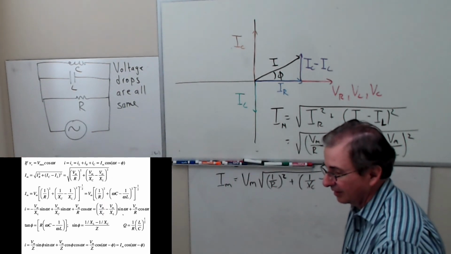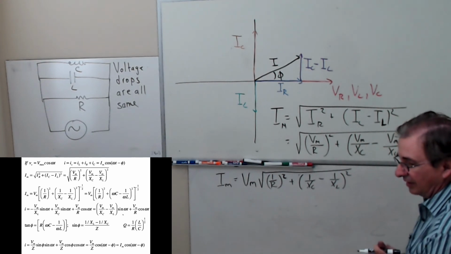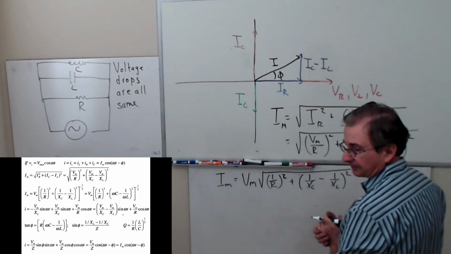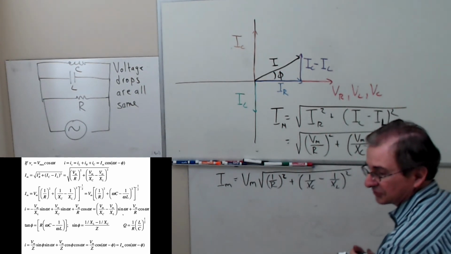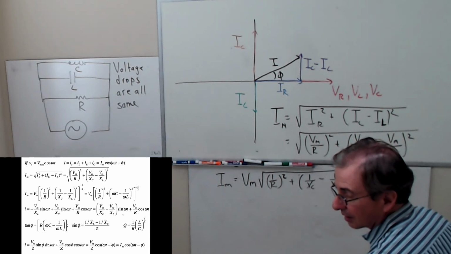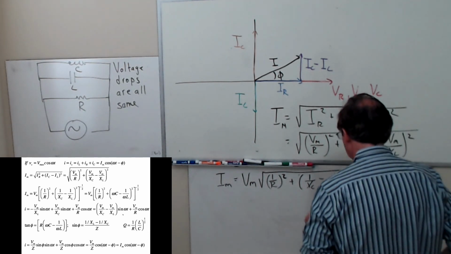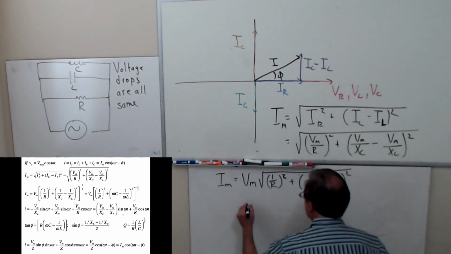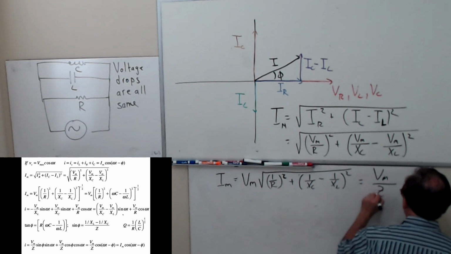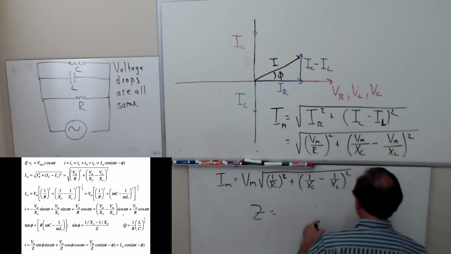But my impedance... I have a mistake in my notes. This is 1 over Z. So Z is 1 over this.